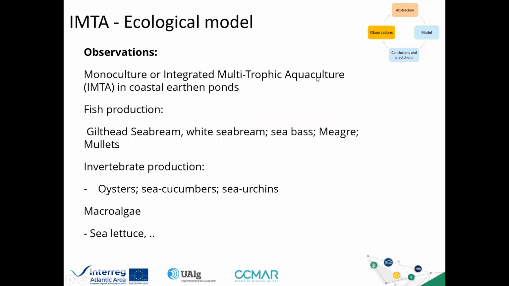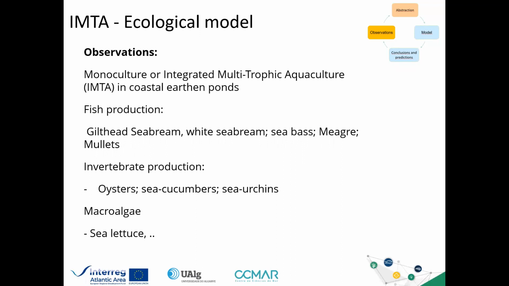At the moment, we are building the user-friendly model for integrated multi-trophic aquaculture, but it will also work for monoculture in coastal earthen ponds. We are using information from the observations gathered in Apple, an experimental station in Olhão, near Faro, but also from the literature.